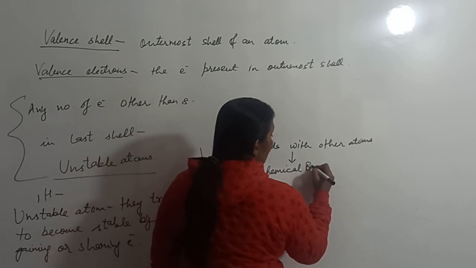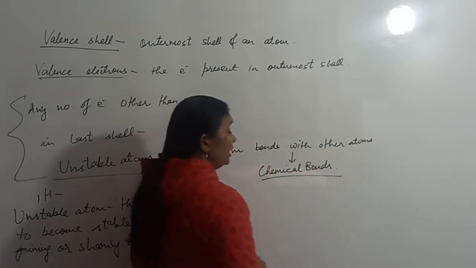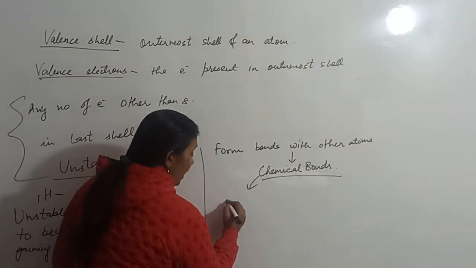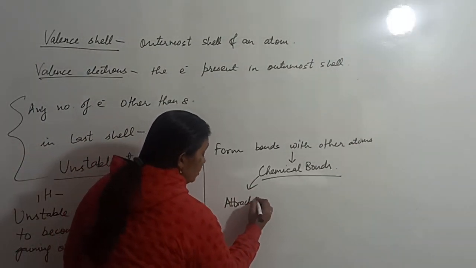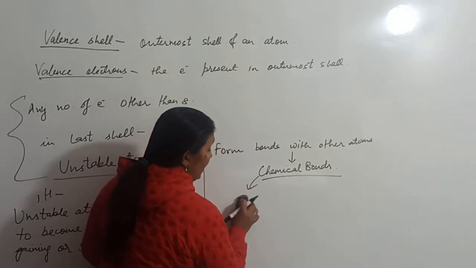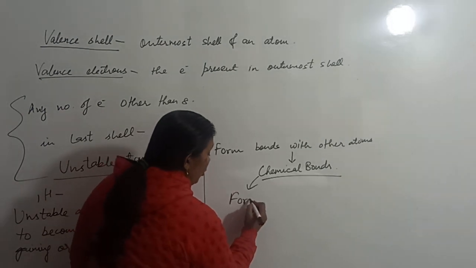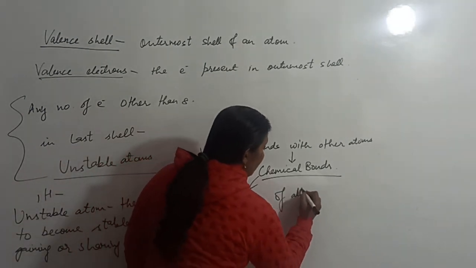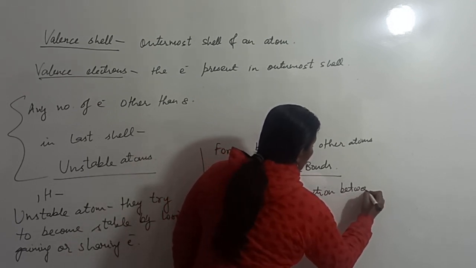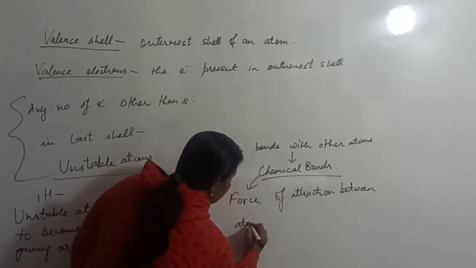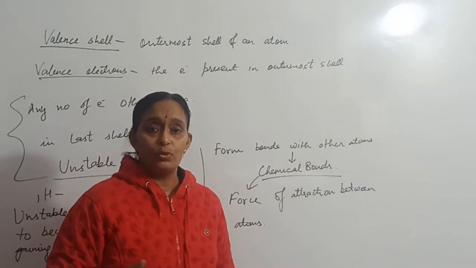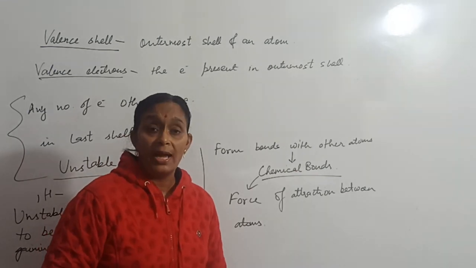chemical bonds. So actually, a chemical bond is a kind of force of attraction between atoms which have shared or lost their electron to some other atom, or gained an electron from another atom.